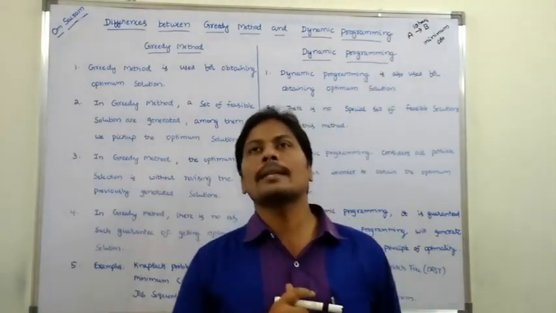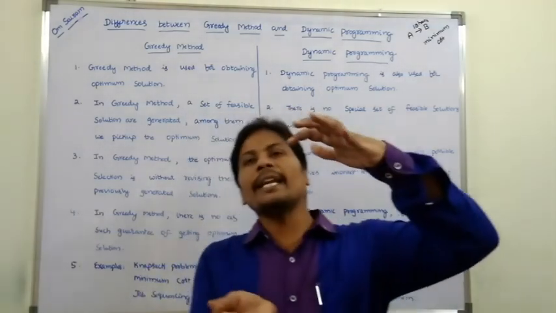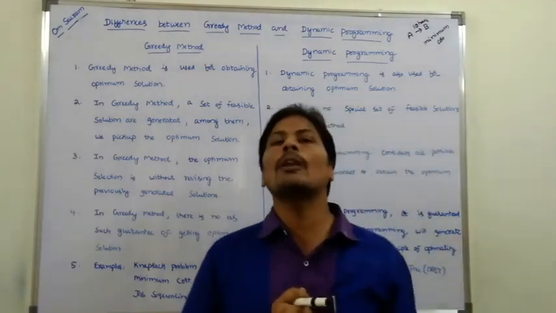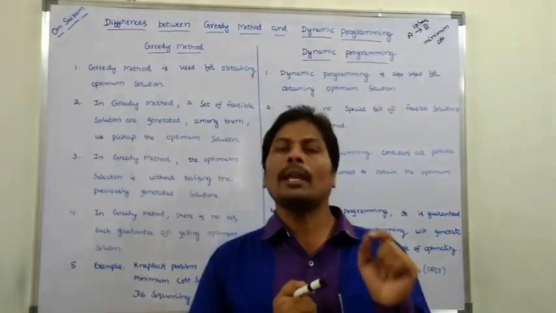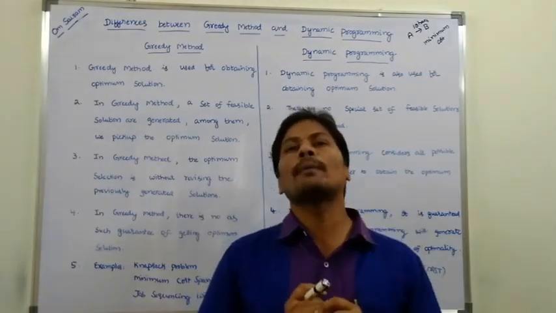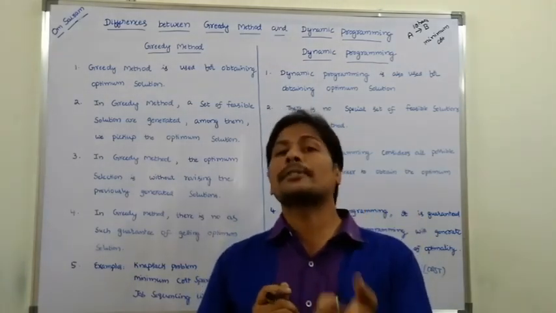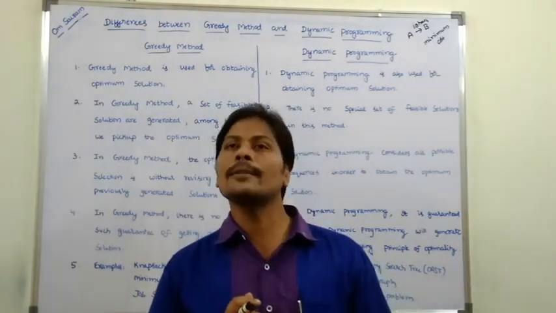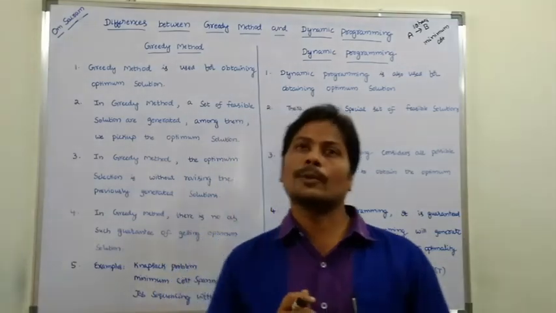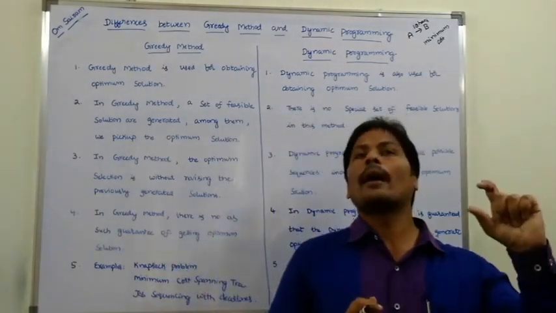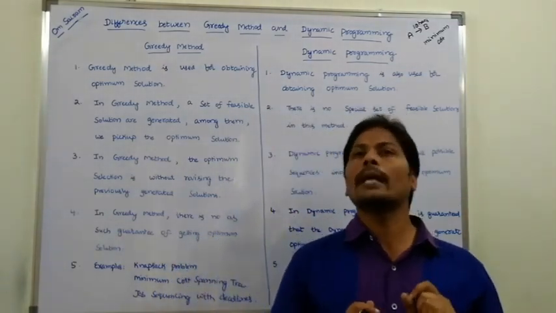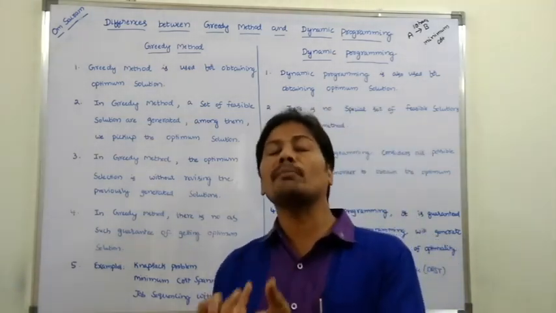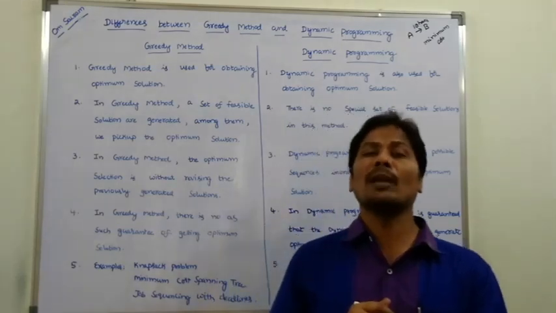The principle of optimality is nothing but this: suppose a parent-child relationship is there. If a parent follows the optimal solutions, then the children also use the optimal solutions. If a problem is an optimal problem, then the subproblems can be obtained from the original problem.